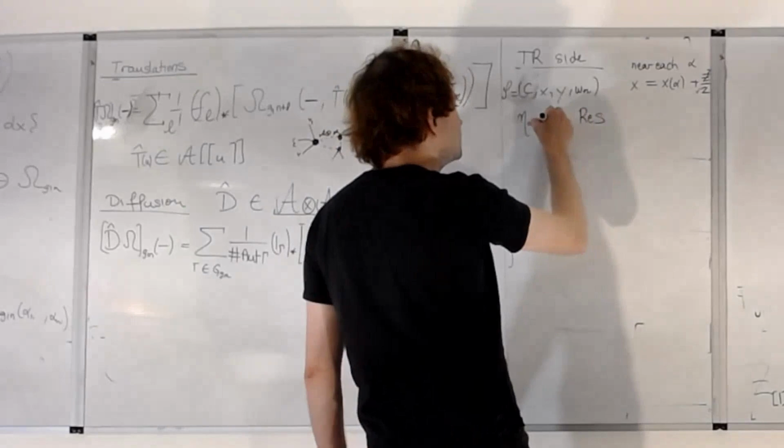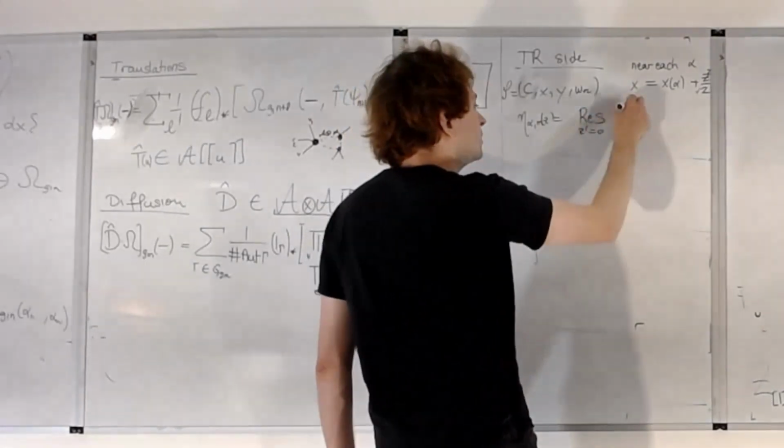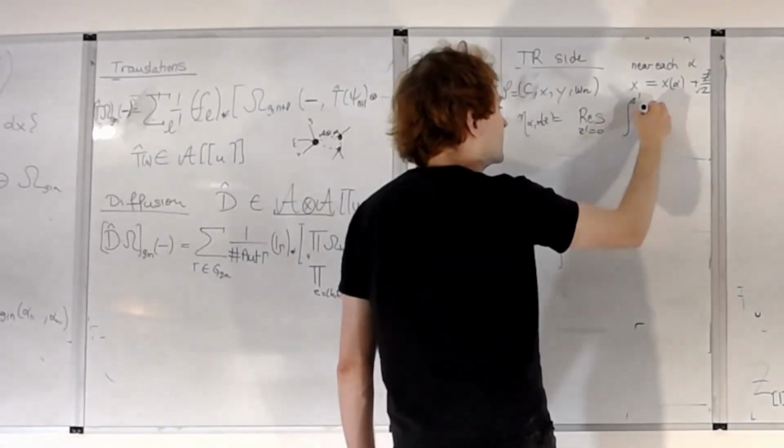And then you take the residue of the primitive of omega_{0,2}.